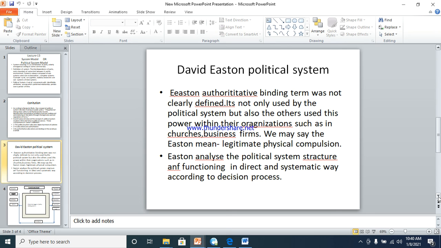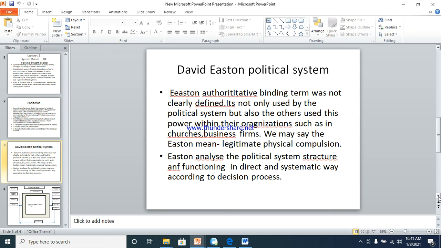Easton analyzed the political system structure and functioning in a direct and systematic way according to the decision making process. We will discuss David Easton's political system in detail in the coming two lectures.